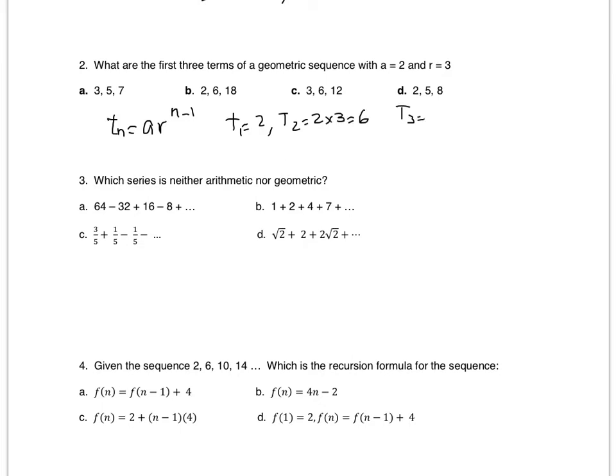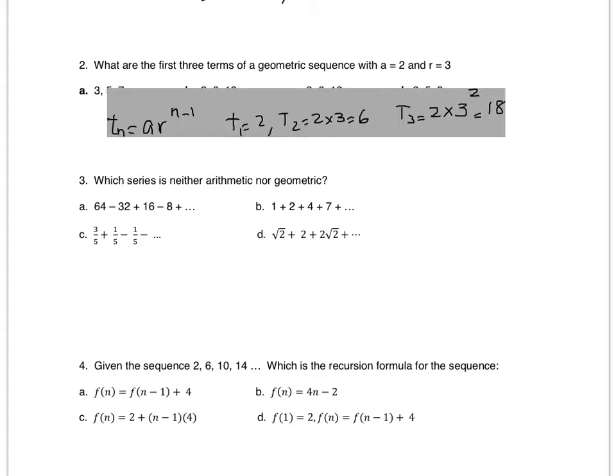T3 is 2 times 3 exponent 3 minus 1, which is 2. So it's 2 times 3 exponent 2, which is 9, so it's 18. So the answer to this part is B, which is 2, 6, 18.